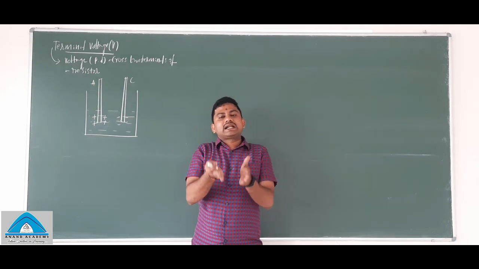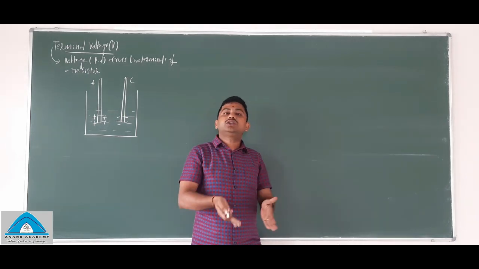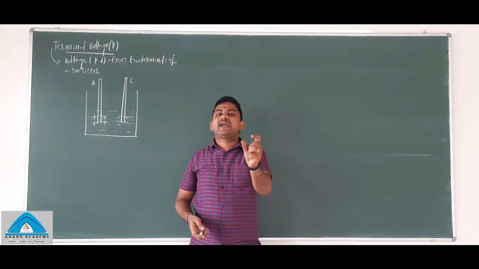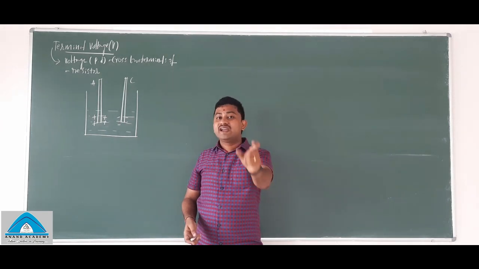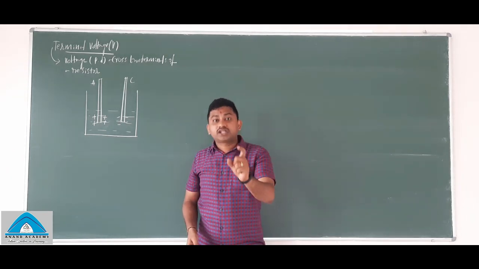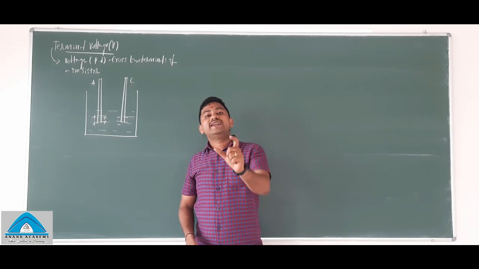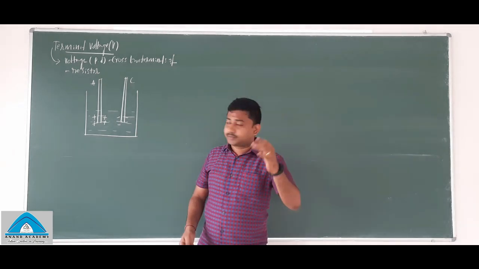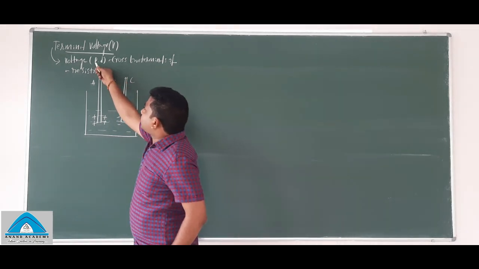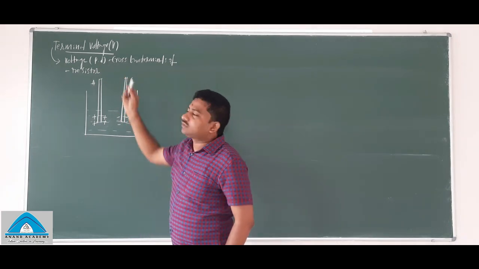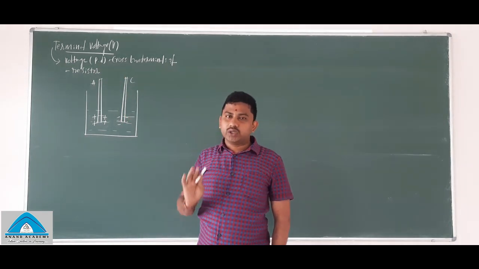It is exactly similar to the concept called potential difference across the 2 ends of a resistor, or the potential difference across the 2 ends of a conductor. Same concept. So the potential difference across the 2 terminals of a resistor is called terminal voltage.